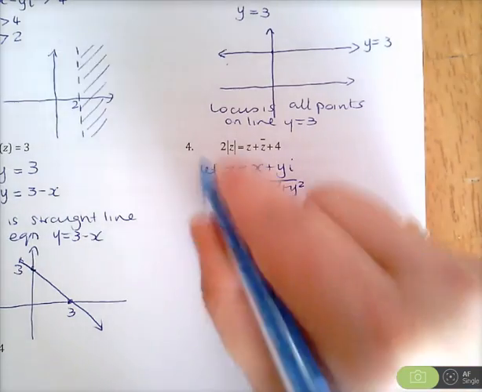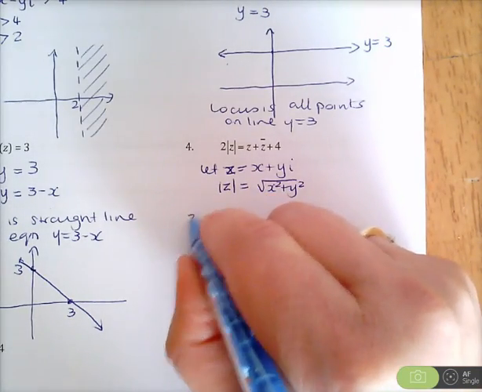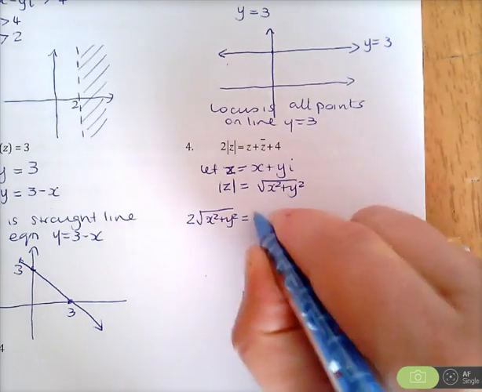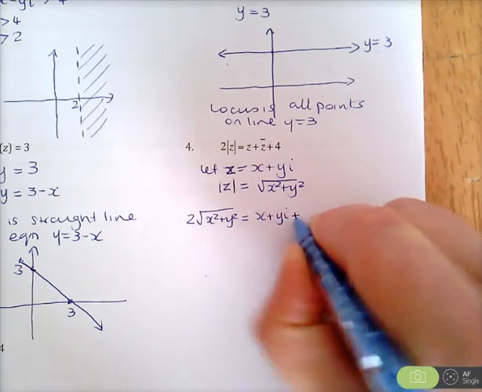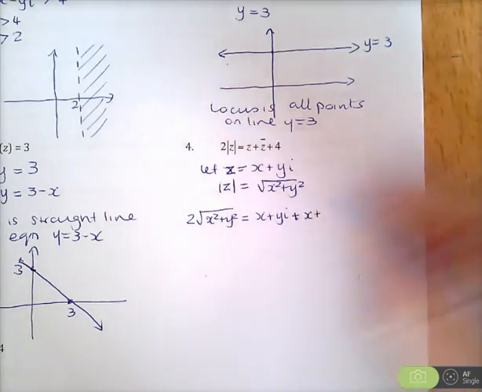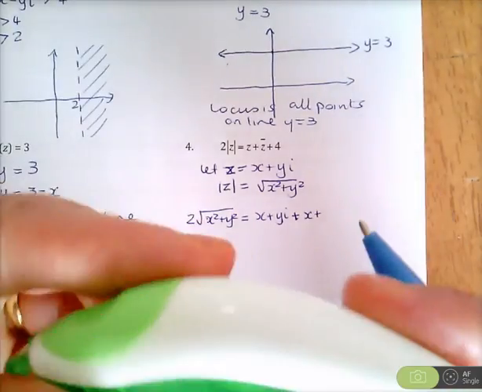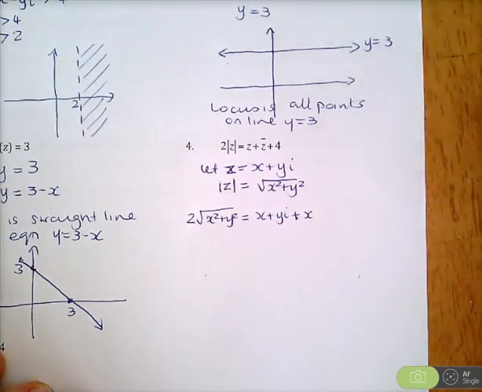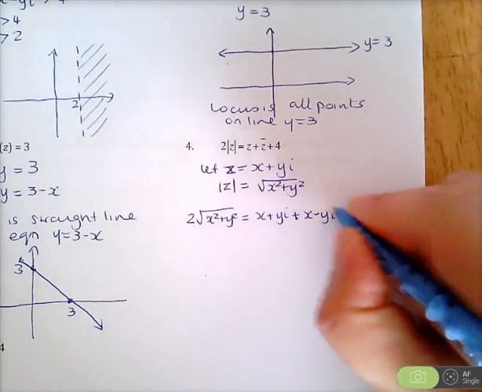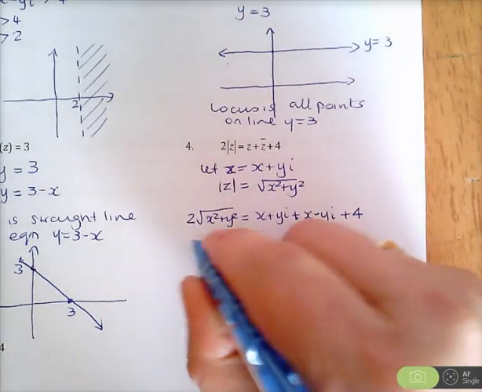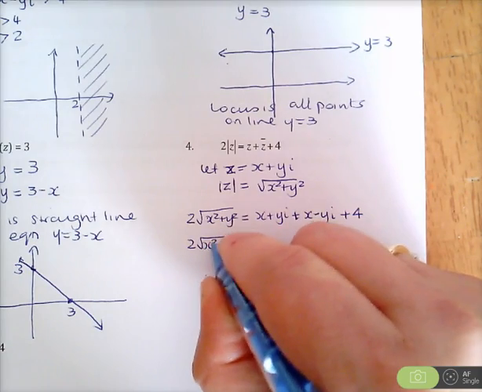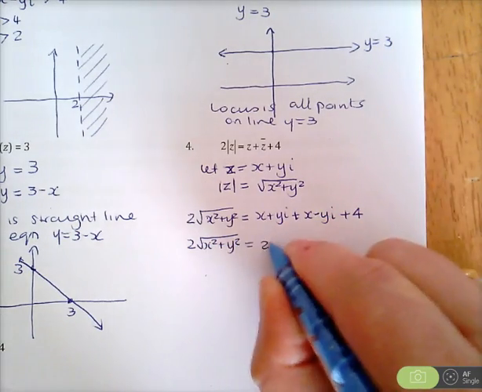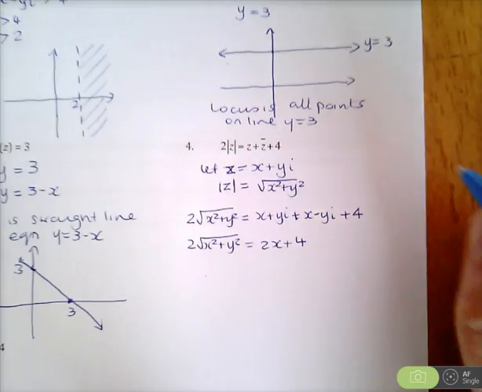So substituting that all in, we've got 2 times the square root of x squared plus y squared equals z plus the conjugate of z, which is minus yi, plus 4. Now collecting like terms, we've got 2 times the square root of x squared plus y squared is equal to 2x plus 4.